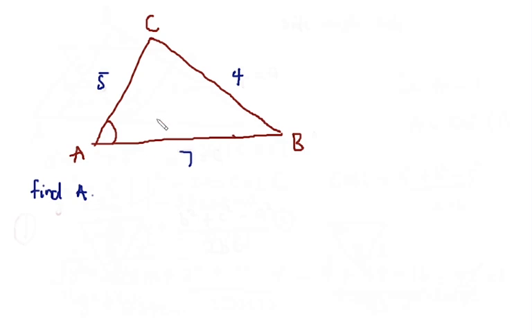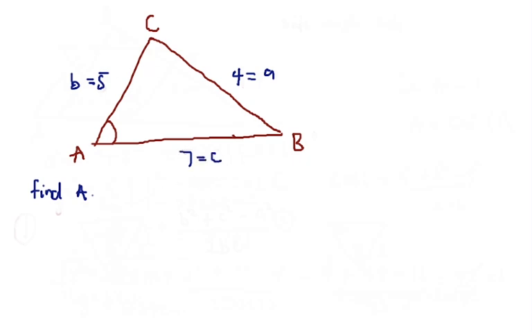So let's quickly take another example. Let's say you are given a triangle and you are asked to find angle A. The angle A has an opposing side, let's call it little letter a. Angle B has an opposing side, let's call this little letter b. Then angle C has an opposing side, let's call it little letter c.